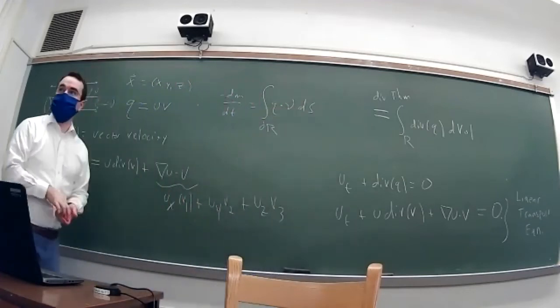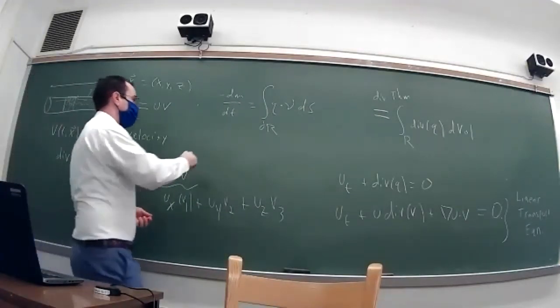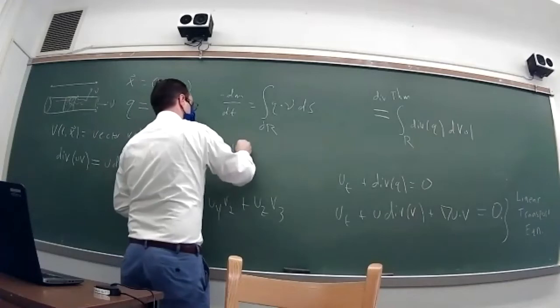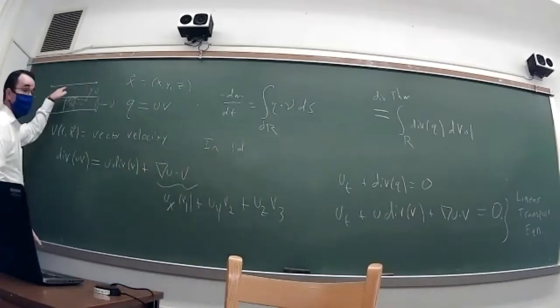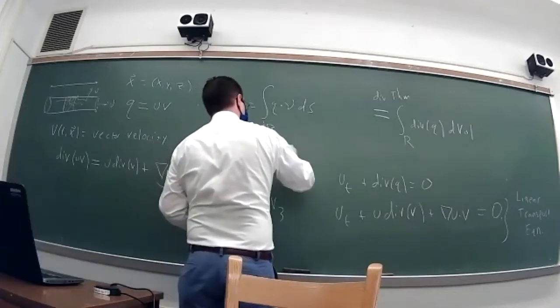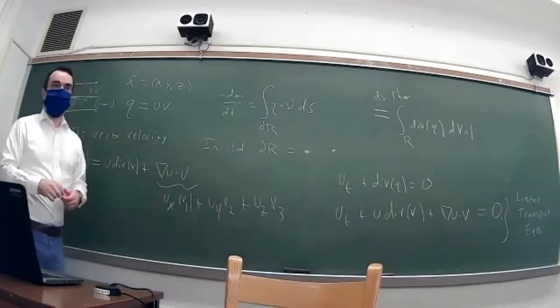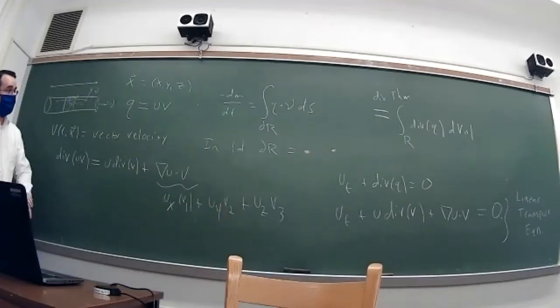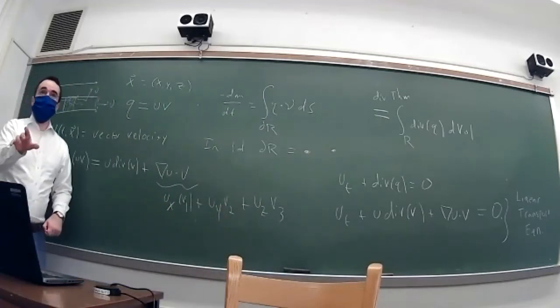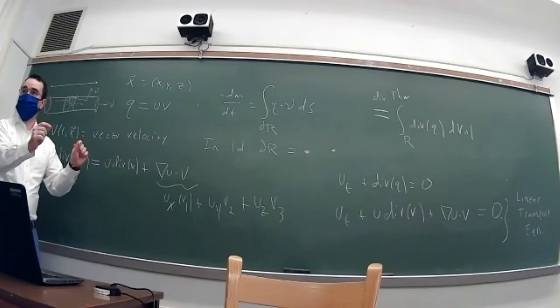What's the analog of this in the one-dimensional case? In one dimension, your boundary is just the two endpoints. And an integral over two points is just evaluation at those points.